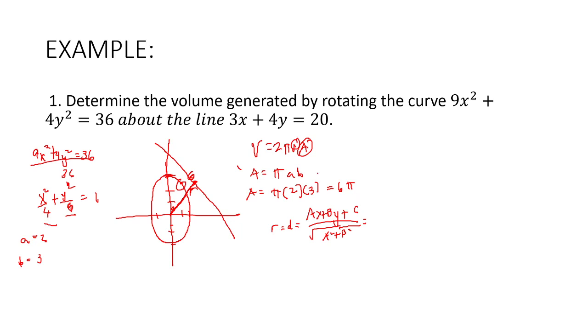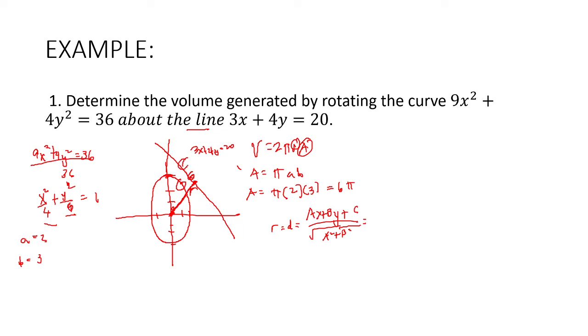We have 3x plus 4y equals 20, and we have this as 0, 0, which is the center of this ellipse. Then we rotate the curve about this line.